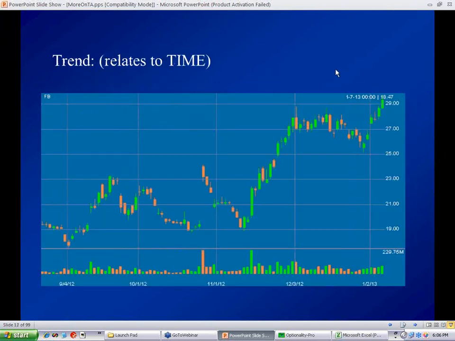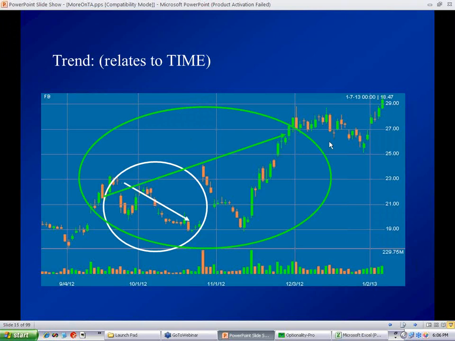Trend, the second component, it relates to time. Now, what I mean by that is, if you look at that section of the chart, we have a downtrend, because as you can see, that part of the chart is slanting downwards. However, if you look at a larger part of the chart, that section, it's slanting upwards. So when you speak of trend, you have to include the time frame that you're looking at.